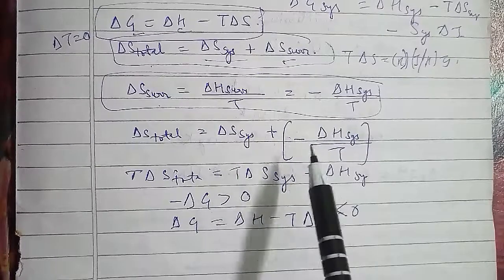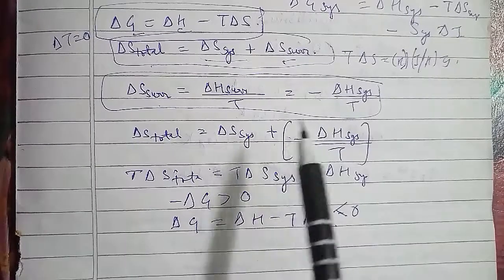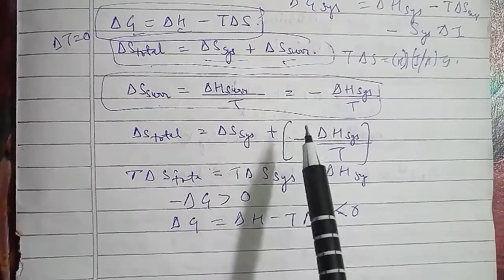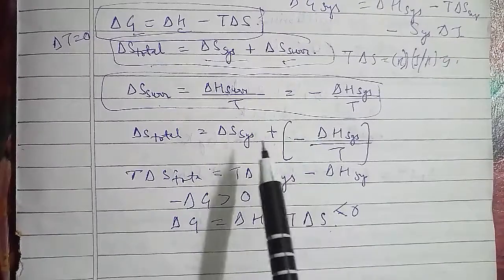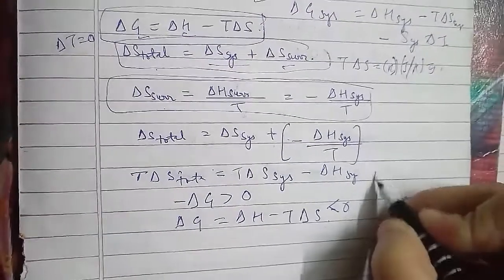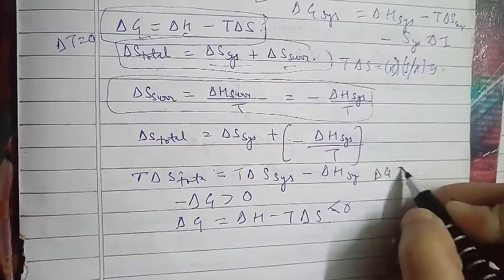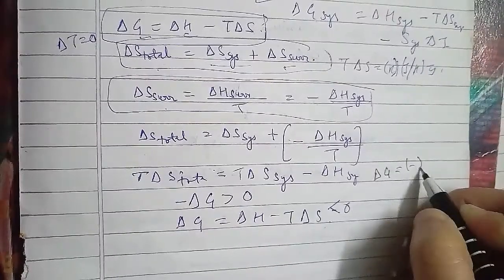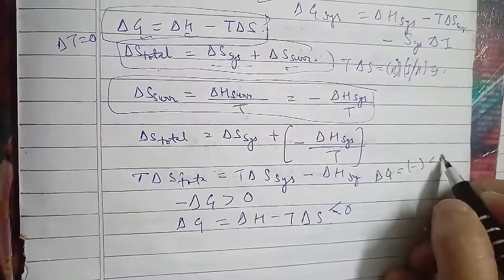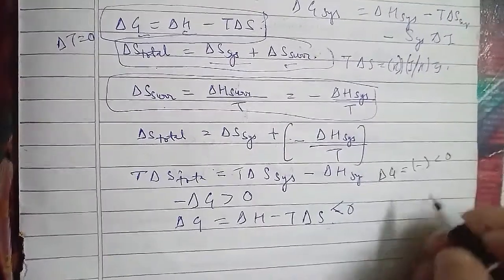And with regard to this, delta G gives a criterion for spontaneity at constant pressure and temperature. There are two points related to this. If delta G is negative, that is, less than 0, then the process is spontaneous.